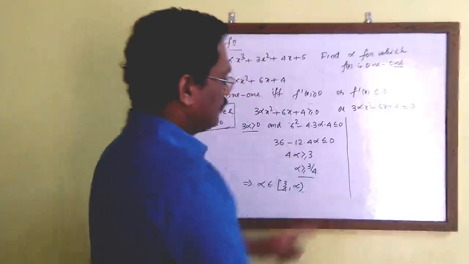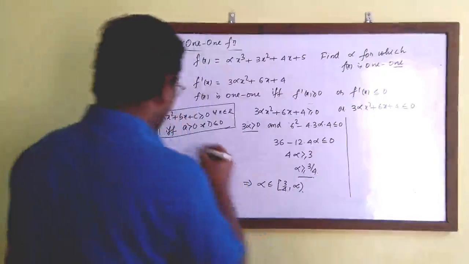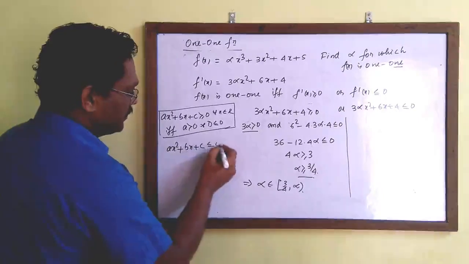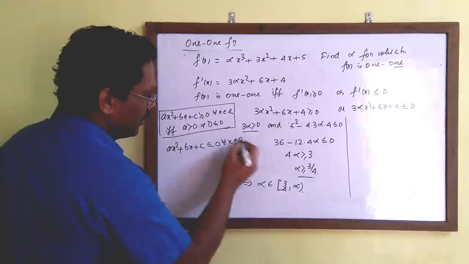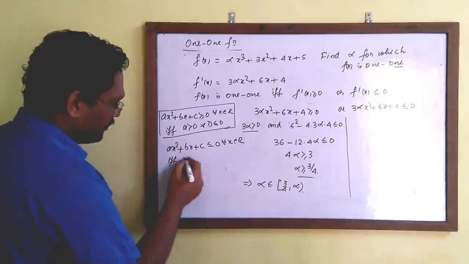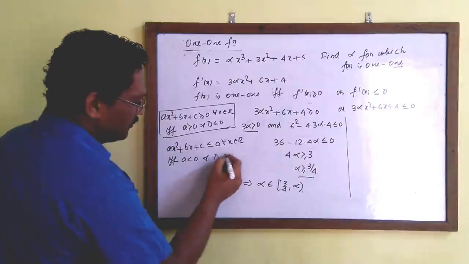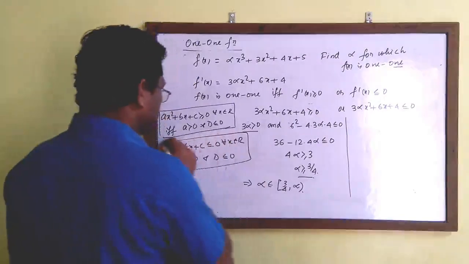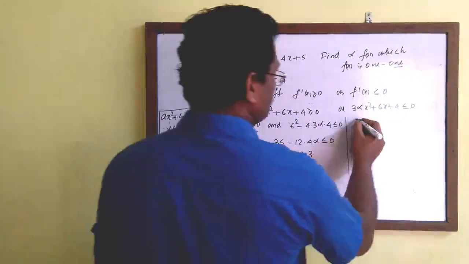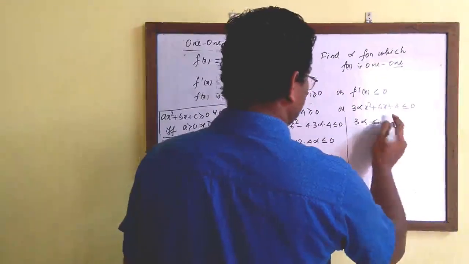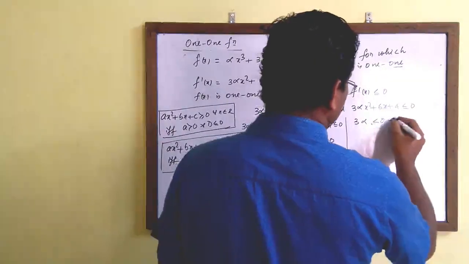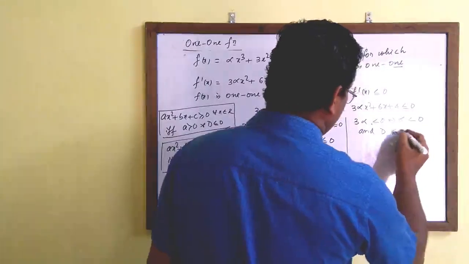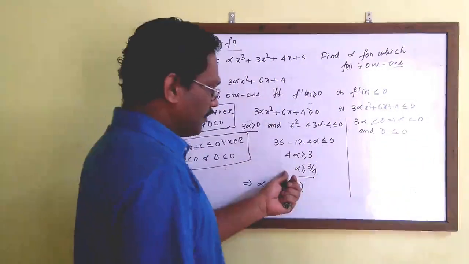Now let's talk about the second case. A quadratic ax square plus bx plus c is less than equal to 0 for all x belonging to R if and only if a is negative and D is less than equal to 0. So if I am using this condition over this, say 3 alpha is less than 0, that means alpha is negative, and discriminant less than equal to 0 we have already solved.